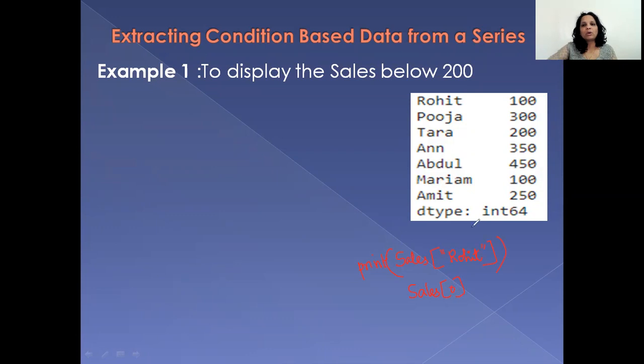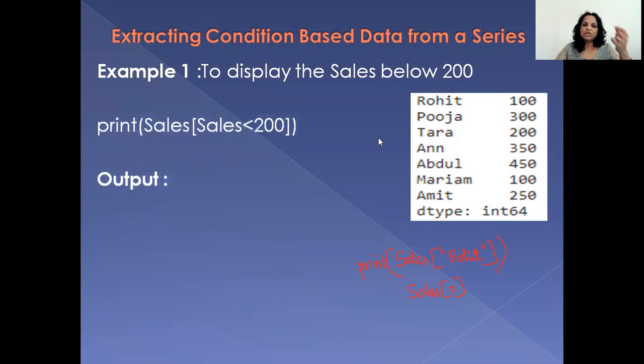Here we're talking about how to access elements condition based. And how do I write the condition? I write print sales, because sales is the name of the data series. Now pay attention to what is written in the bracket. In the bracket, you specify the condition. Remember the values are 100, 200, 300, whatever is stored in the data series called sales.